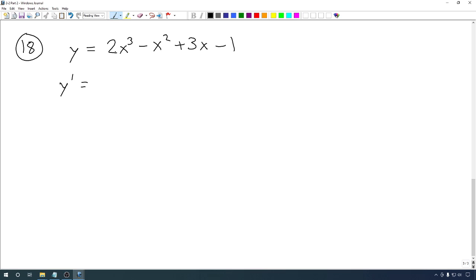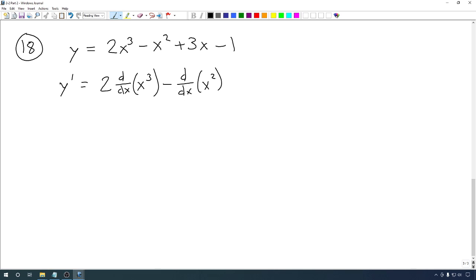But I'm also going to go ahead and combine the step where I pull out our constants. So here, when I differentiate 2x cubed, I have 2 times the derivative of x cubed. For minus x squared, I'm subtracting the derivative of x squared. There's no constant to pull out there, unless you include the negative 1 as a constant.